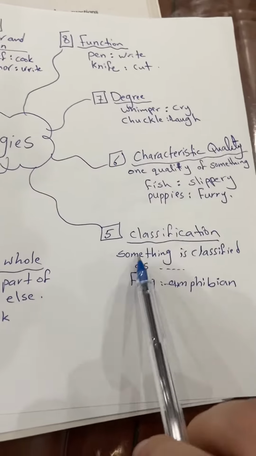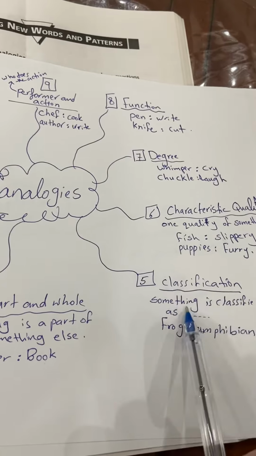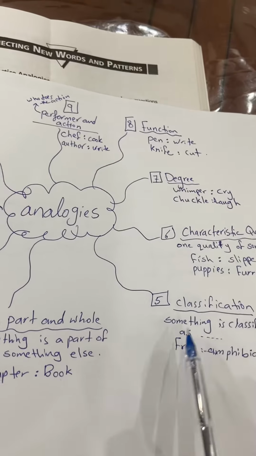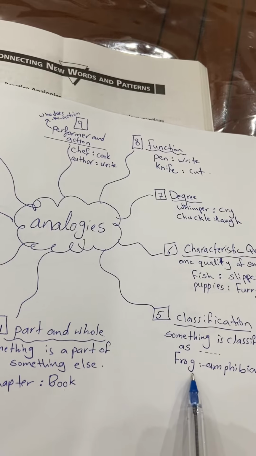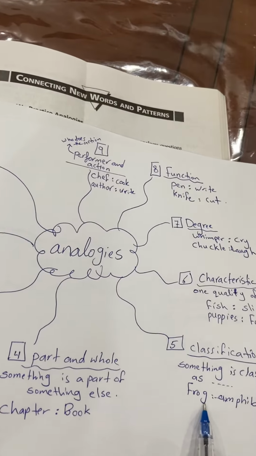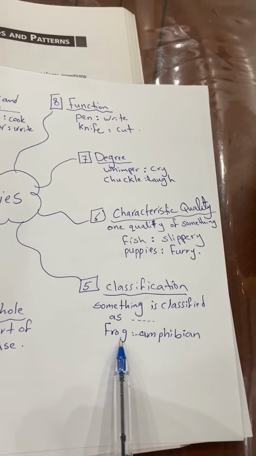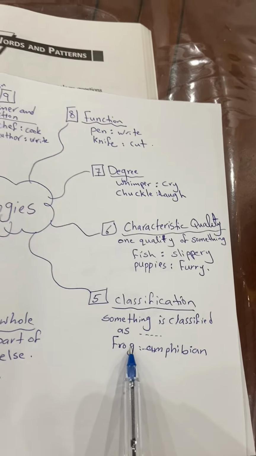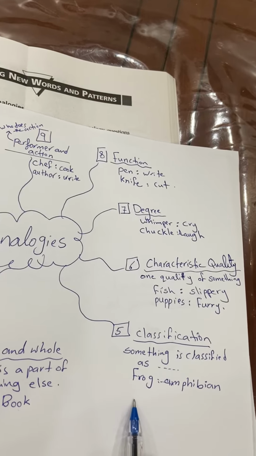Okay, number five, classification. Something is classified as something else. For example, frog. What is the classification or the class of frog? It means amphibian. And also students.